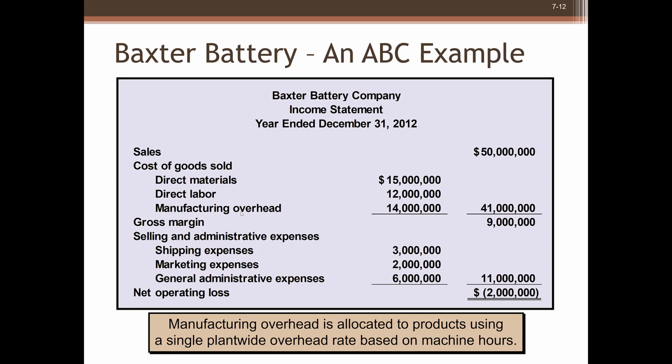Manufacturing costs or product costs in traditional costing systems such as job order cost system include direct materials, direct labor, and manufacturing overhead. That's why under cost of goods sold, we include direct materials, direct labor, and manufacturing overhead. The total is 41 million.